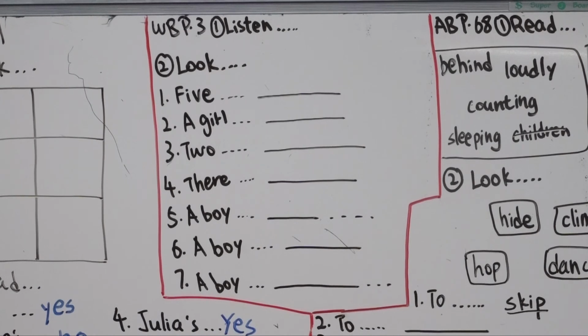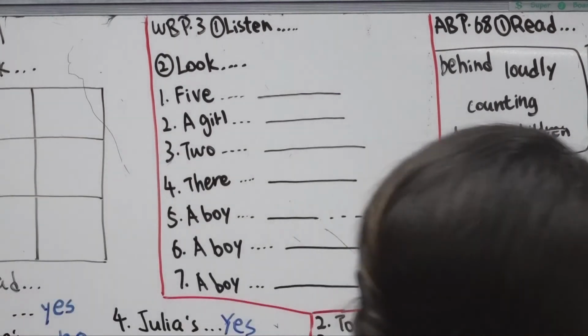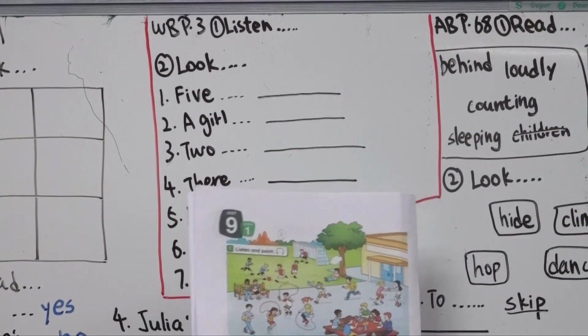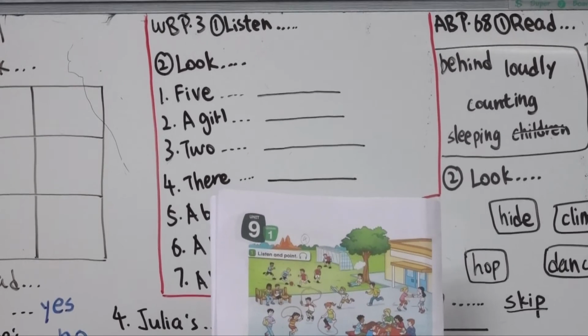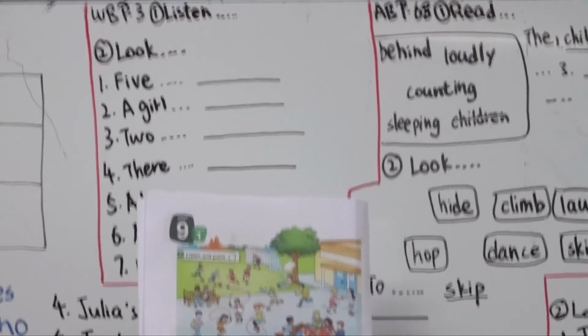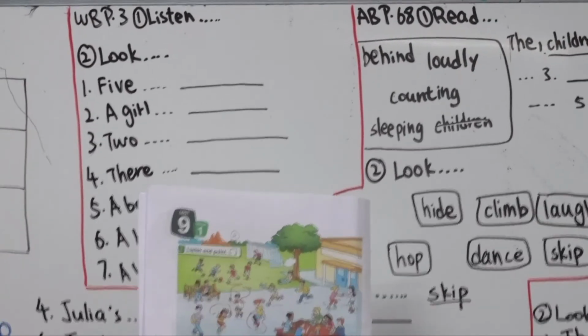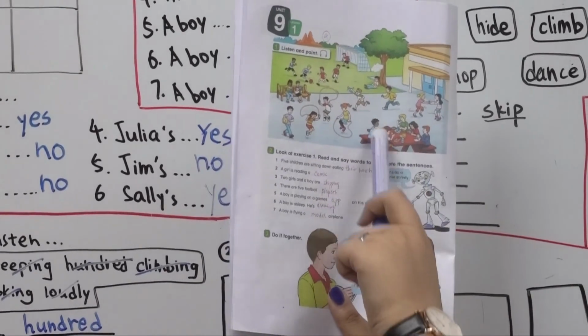All right, now done listening and pointing, right? Look at exercise 1. Read and say words to complete the sentences. Let's review the picture. How many children are having their lunch? 5, right?